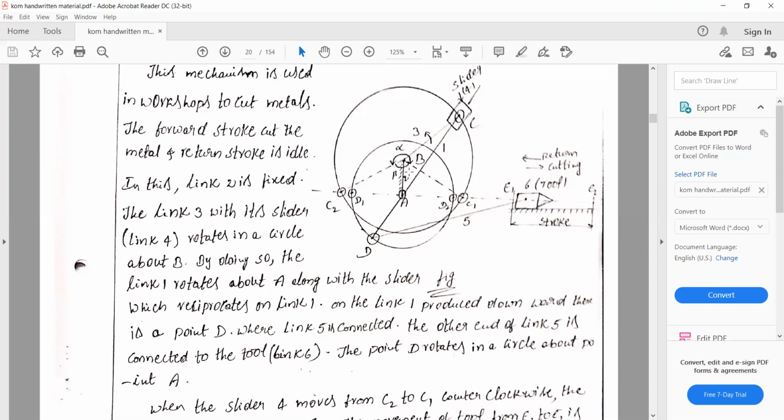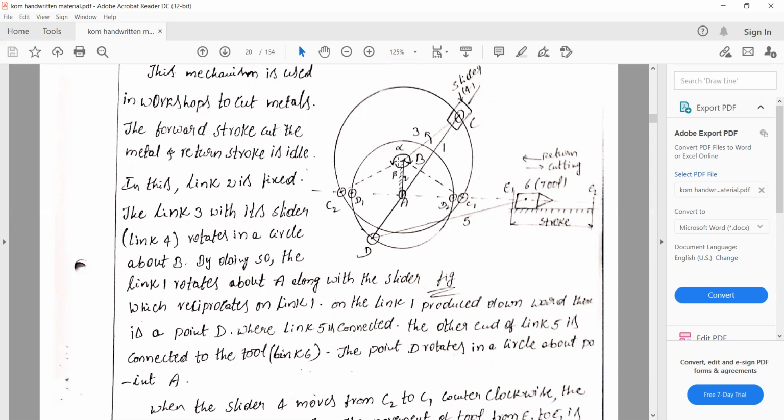In this triangle, beta is divided by one vertical line, that is the fixed link. That means half of the part is beta by 2 and the other half is also beta by 2. So this section is beta by 2 and this section is also beta by 2.